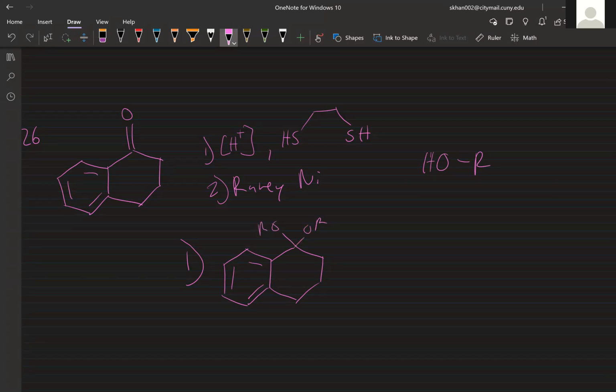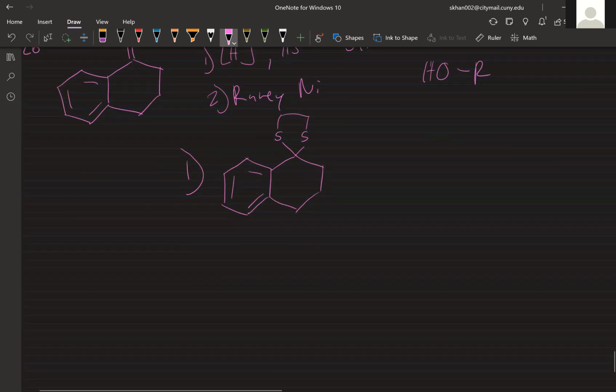Only difference now is we have this dithiol, or whatever you want to call it. So here now we get thioacetal, as Eric said, right? The only difference is that you have S and S, but the S are bonded to each other, right? So this is the product after step one.